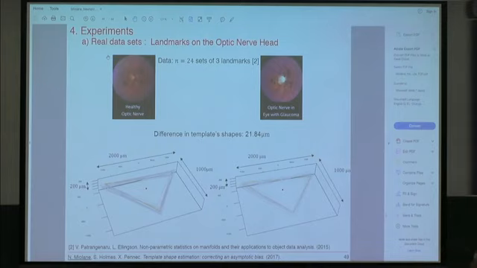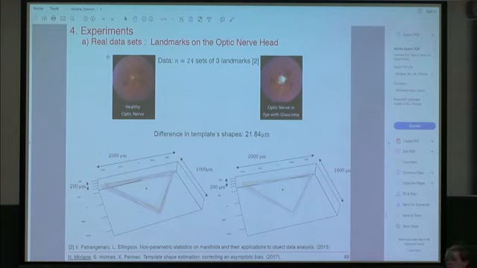They wanted to show that this set of 3 landmarks in that data set has a different shape from this set of 3 landmarks in this data set. So they do a Procrustean analysis, and they try to find a significant difference in the template shape.